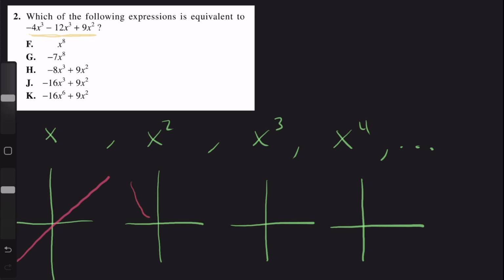For x squared, we get a parabola. For x to the power of 3, we get something like this. For x to the power of 4, it's like a parabola, but a bit more flat, and then it grows much, much faster than x squared.